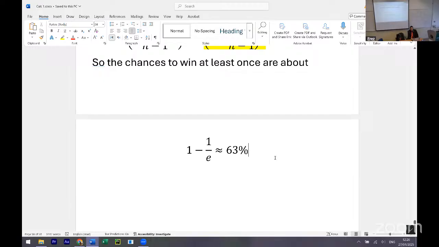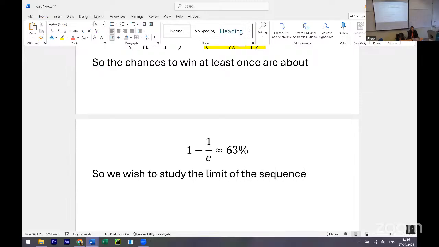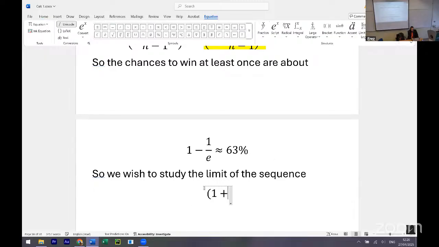So that's enough with the introduction. I will just write the bottom line. We wish to study the limit of the sequence (1 plus 1 over n) to the power of n.